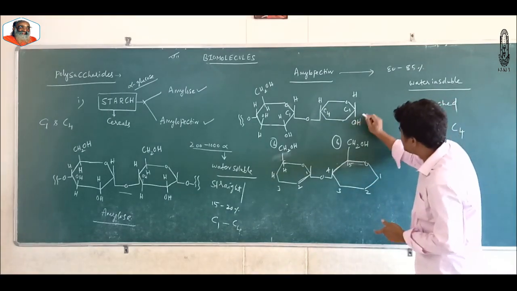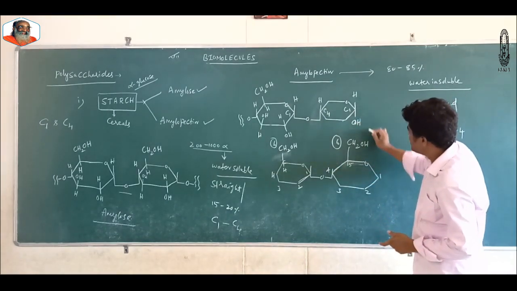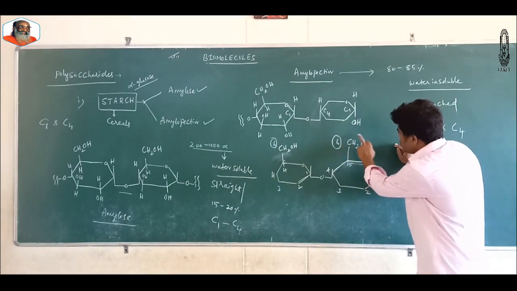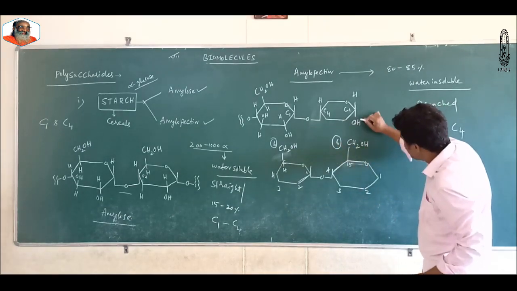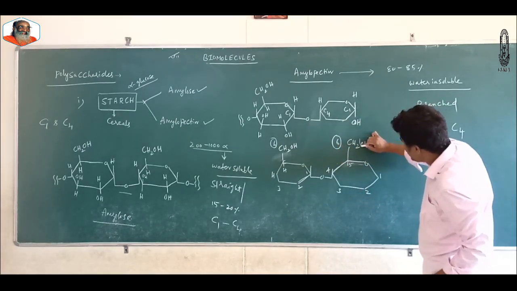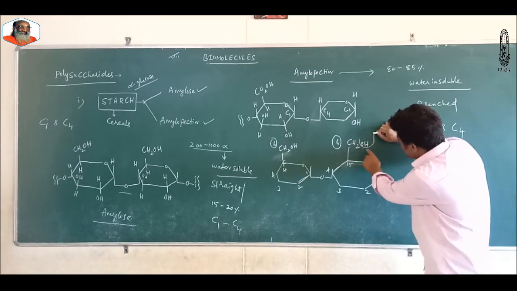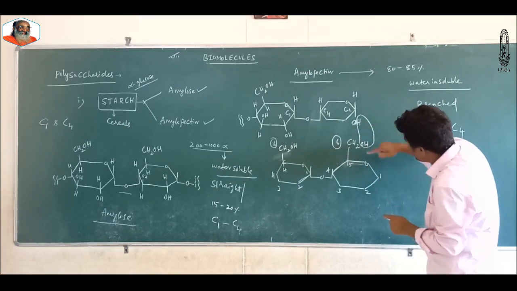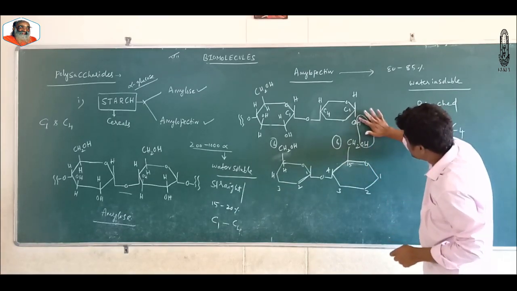Please see here, C1 of one alpha D glucose, and there is CH2OH, which is the sixth carbon here. You can see where the glycosidic linkage forms. The OH of CH2OH and the H of the other are removed as a water molecule, and now oxygen is there, where you can have a glycosidic linkage.